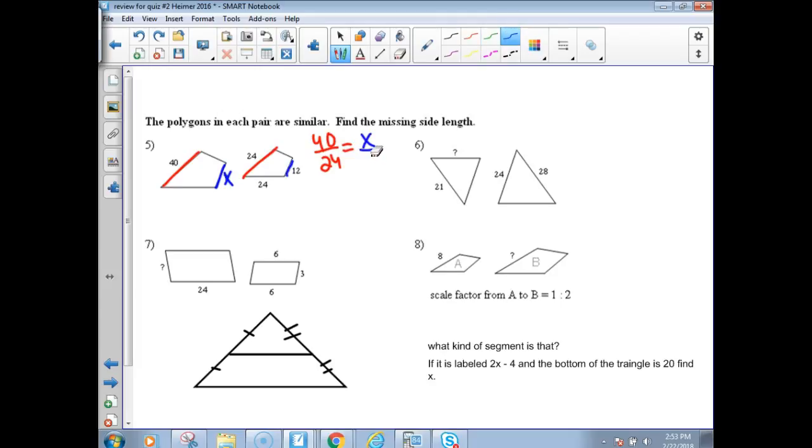And remember, there's 4 ways to correctly write your proportion. Don't change it if you don't have it, unless what's across from your X is not 24. That would be a problem. If it's not, then you did do an incorrect proportion. So 24x would equal 480, and then we divide by 24 and get x is 20.